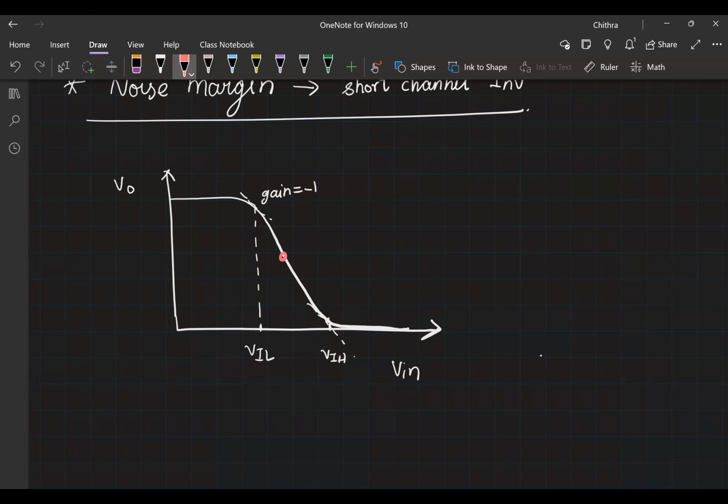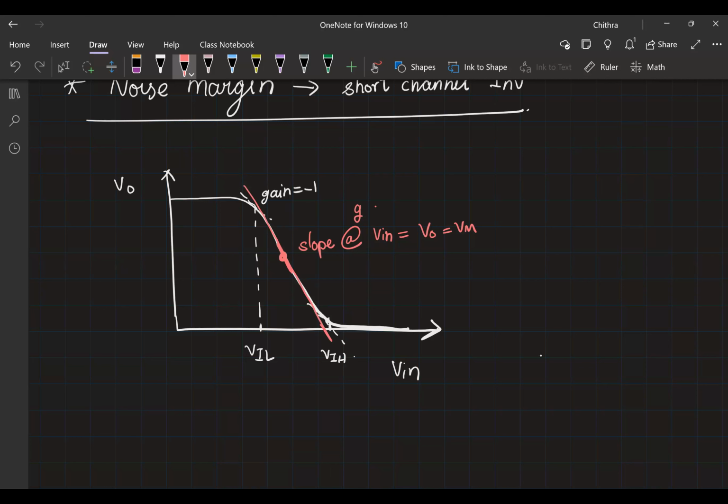You calculate the slope at this point, at the midpoint voltage. So you calculate the slope at Vin equal to V0 equal to Vm. Let's say the slope is equal to G. Then you draw a line passing through this Vm with the slope G. So now this is a straight line.